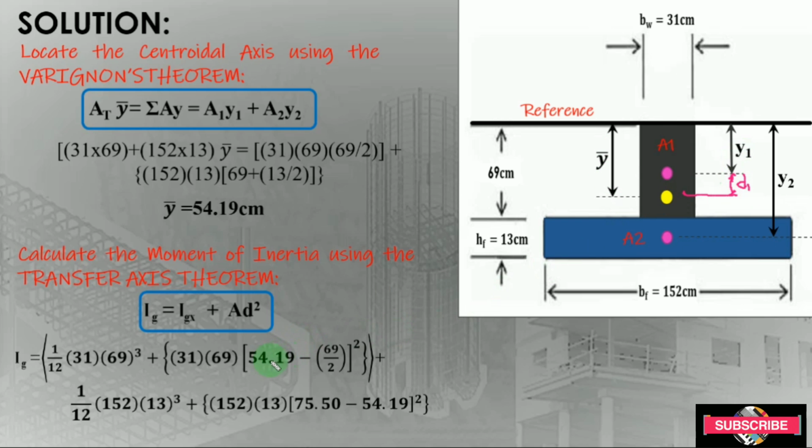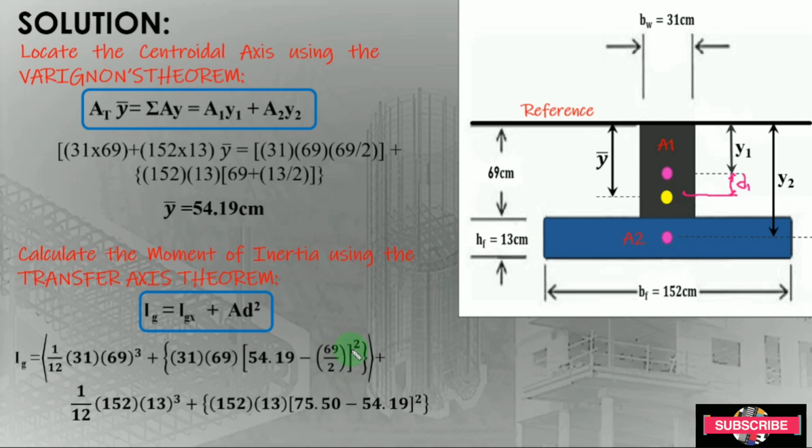So y bar is equal now to 54.19, so we have 54.19 minus y sub 1, and our y sub 1 is just half of 69, so 69 over 2, and we put this into brackets and raise it to the square.